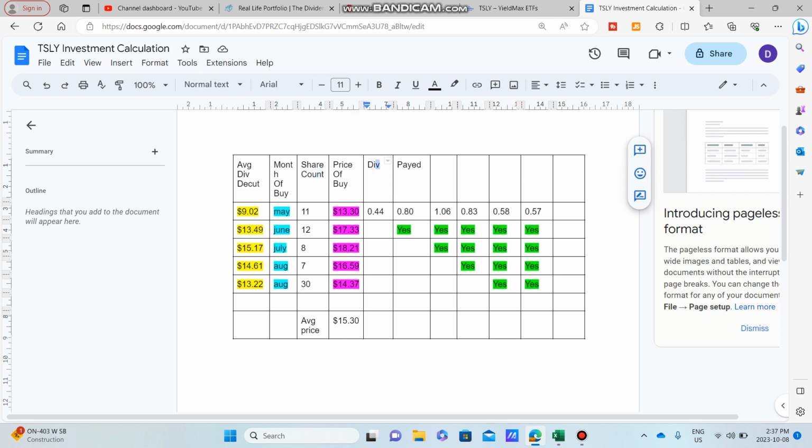I also have the dividends paid over all the months that I've been holding each buy.